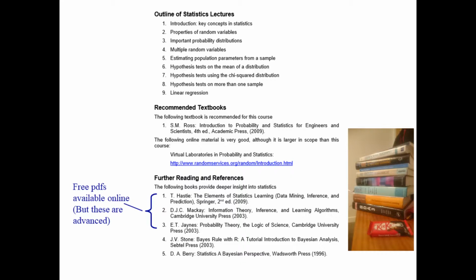Further reading is not something that I would expect you to look at for this course, but all of these 5 textbooks I've written down here are absolutely excellent. For the first 3 as well, you can easily obtain the PDFs online. I think they're all deliberately publicly available for free. Those textbooks are, first, Hastie's textbook on Elements of Statistical Learning.